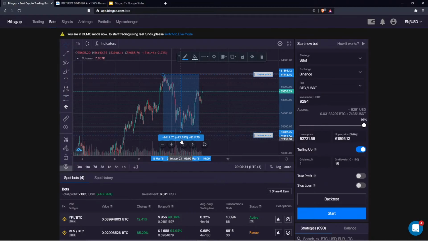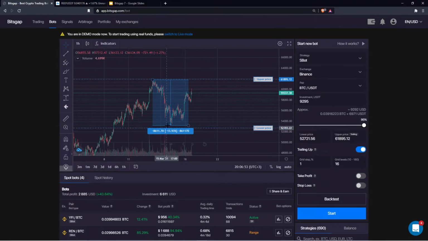So the volatility here is like 14%. So that means that around 13 grid levels, no, it's actually 16, I guess. Yeah, 16, around 17 grid levels is gonna be around the amount of grid levels you need so that your grid step is exactly 1%.